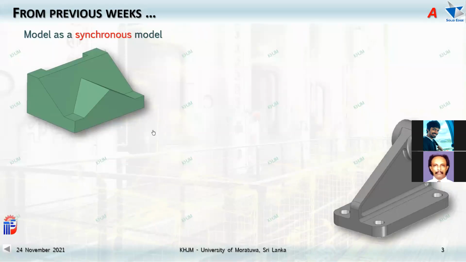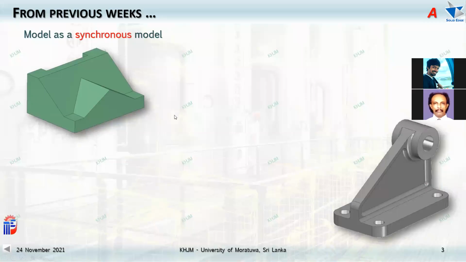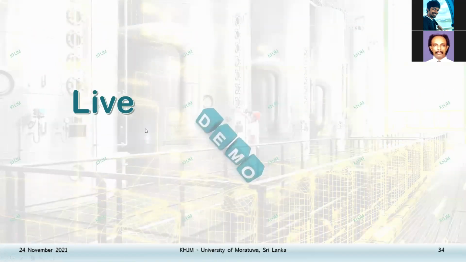Maybe I will try to give you some comments on those things, and also I will show you how I model this particular part, the last one in the bottom right hand corner. And the first model that we already have, you can try to create that one as a synchronous model, and then maybe the other ones also you can try to model as synchronous parts, right?